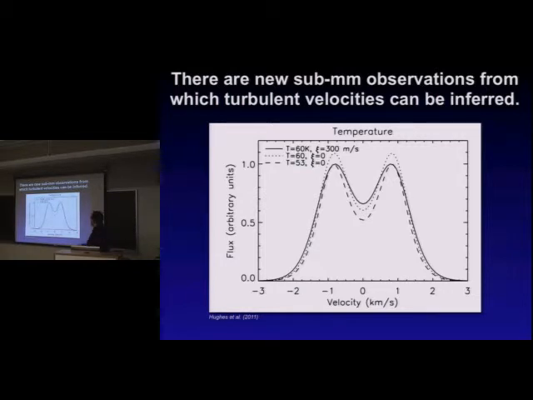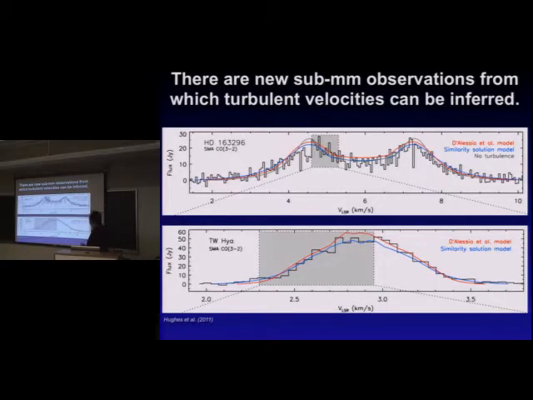The basic idea is that in the Rayleigh-Jeans limit of the spectrum, increasing the temperature will increase the brightness of the line as well as make it broader, but turbulence will just redistribute the flux in velocity space. Through that, you get a non-degenerate way of extracting the temperature from a model line.